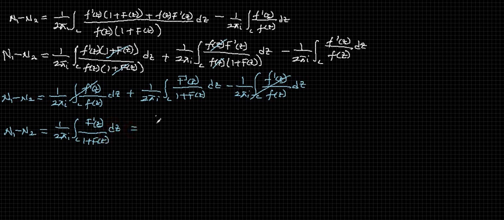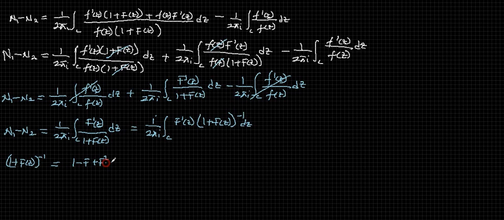This can also be written as 1 over 2 pi i integral of capital F prime of z into (1 plus capital F of z) raised to minus 1 dz. From our knowledge of Maclaurin series, we have (1 plus F) raised to minus 1 equal to 1 minus F plus F squared minus F cubed plus F to the power 4 plus dot dot dot.